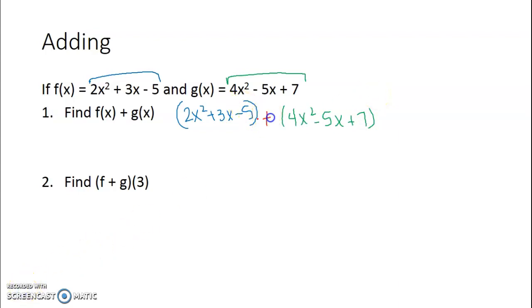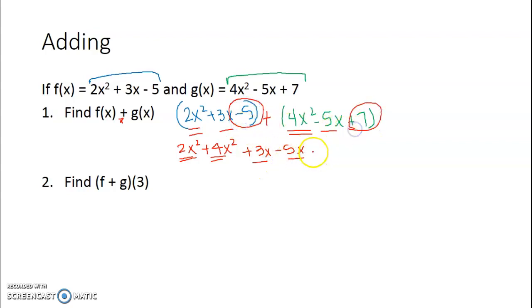And I want to add them. So I'm going to group the ones together that go together. 2x squared plus 4x squared. 3x and a negative 5x. And then negative 5 and 7.